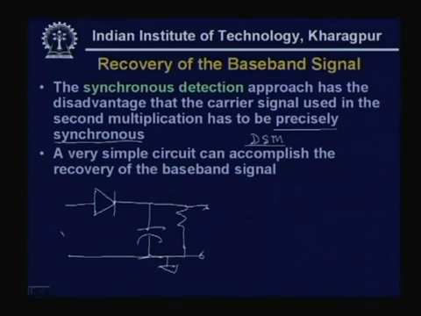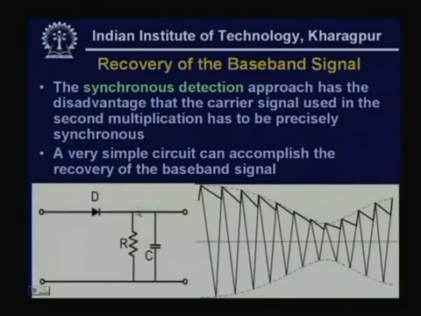Here you apply the modulated signal, and here you will get back the baseband signal. This type of simple circuit can be used if we use the DSB signal. That means there is no need for synchronous detection. A diode, resistor and capacitor combination can be used to get back the original signal.